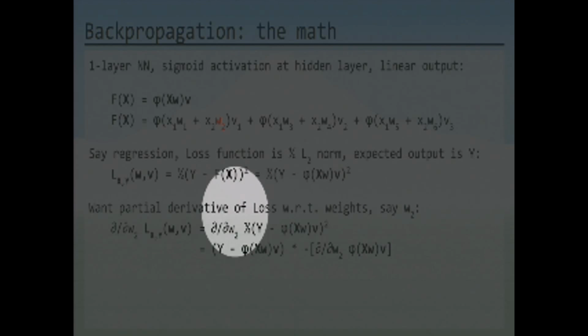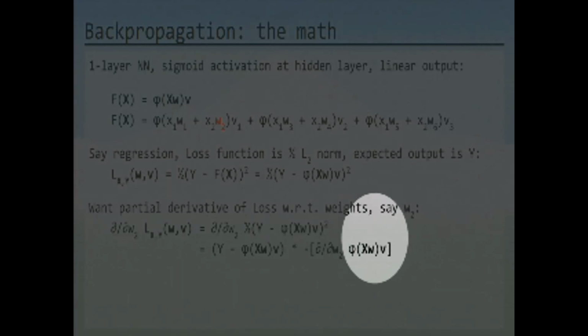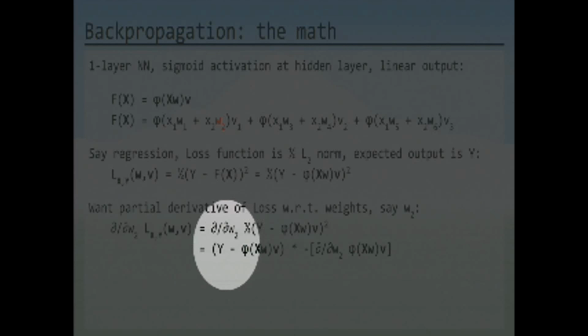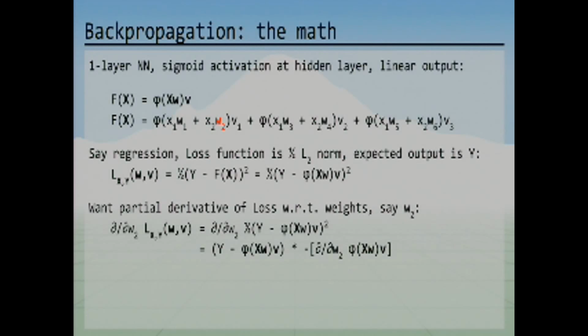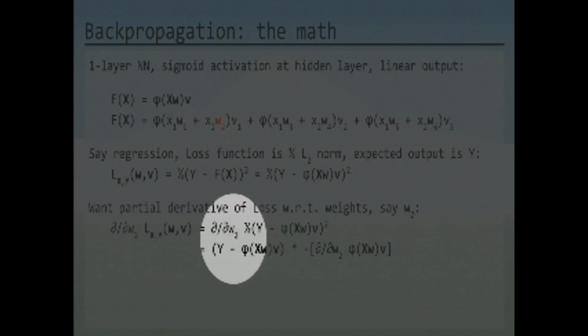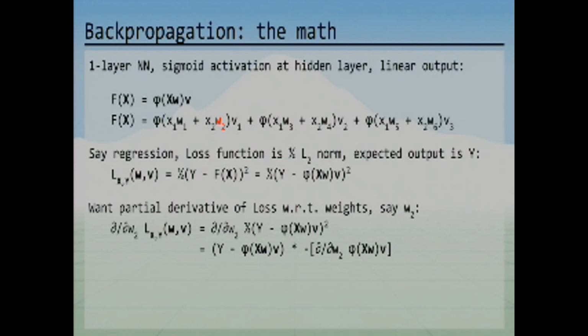Again, we take the 2 down, it cancels out, and then we have to take the partial derivative of the inside as well. y is just some constant, so it goes away, and we're talking about the partial derivative of the output of our model with respect to w2.